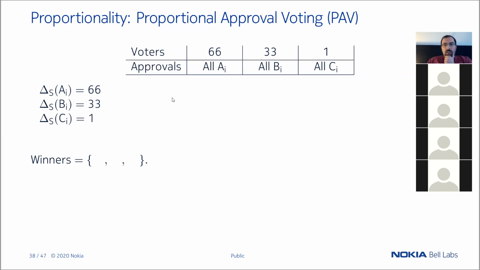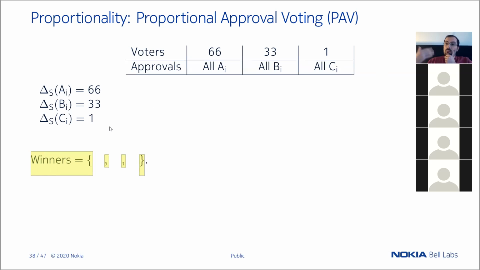So here I will use the sequential variant of proportional approval voting, but in fact, since the profile is very simple, the sequential variant gives exactly the same result as an exact computation of proportional approval voting. So here I start with an empty set of winning candidates.